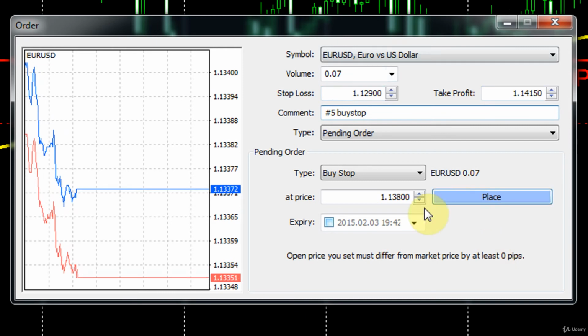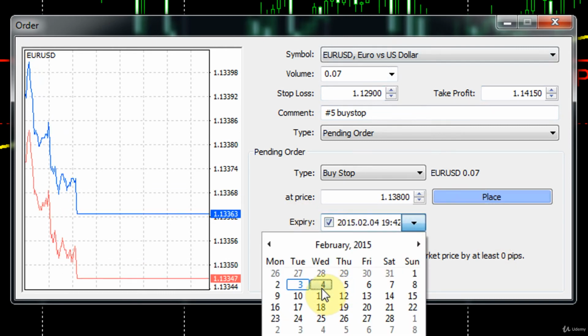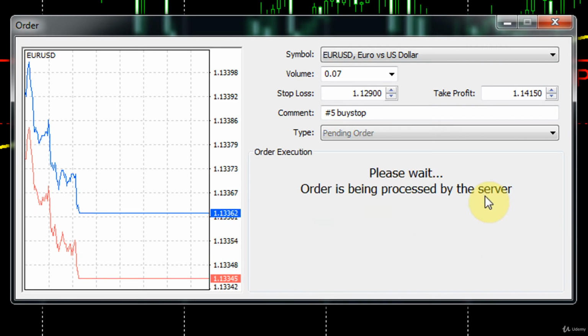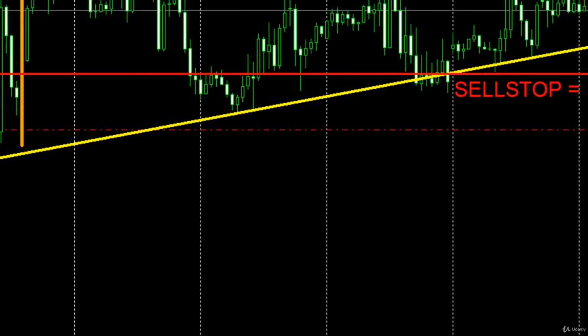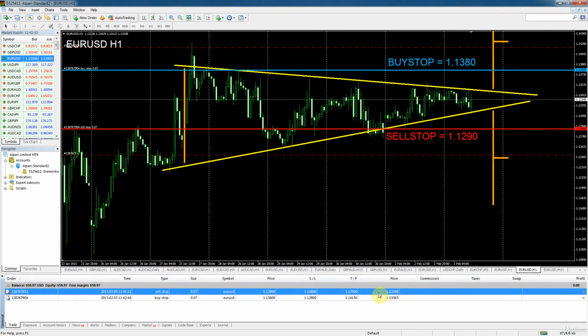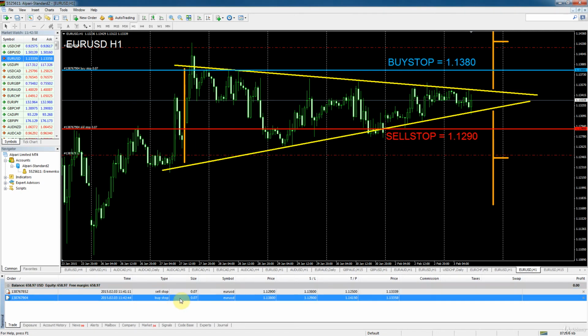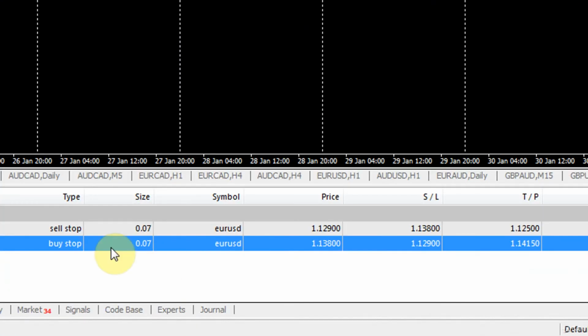And expiry date, same thing. We'll let it expire tomorrow. Place. If you want to see the expiry date, you have to double click on the order and check the expiry date, 2nd of 4th. Perfect. So you just need to quickly double check everything here.